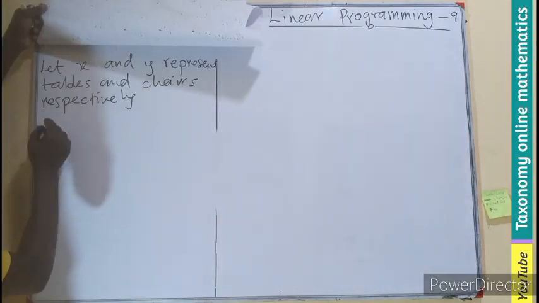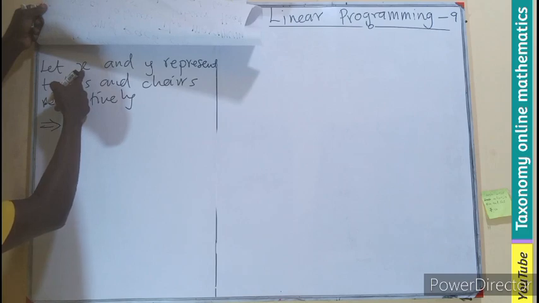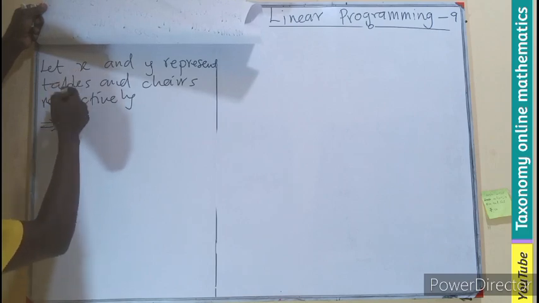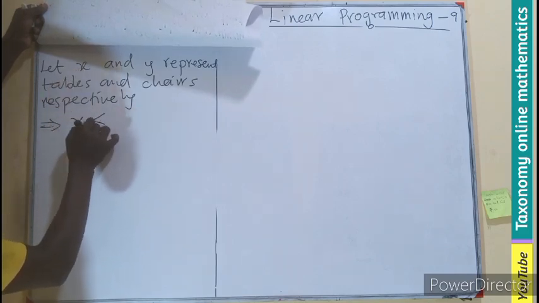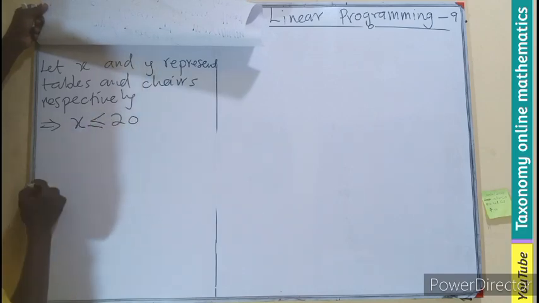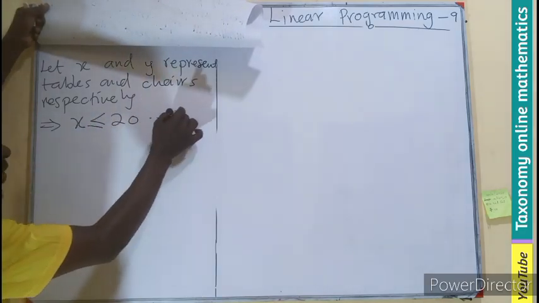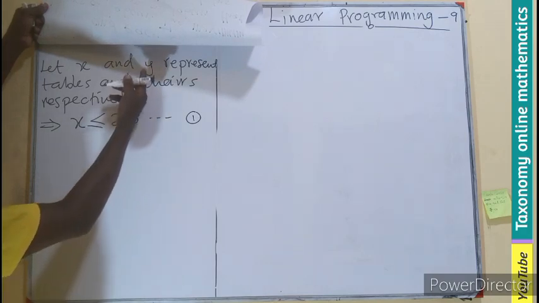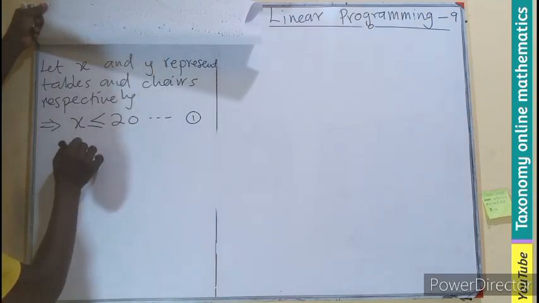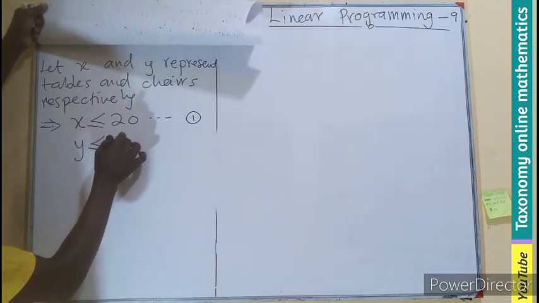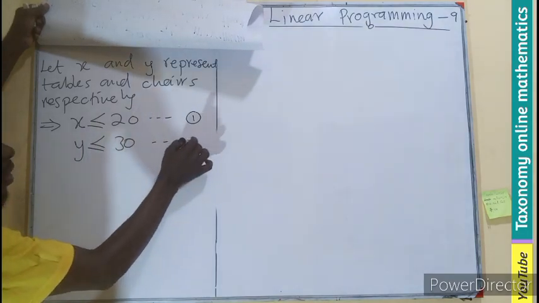We can say that if x represents tables, it means x is less than or equal to 20. That gives us the first inequality. Then that of y will also be less than or equal to 30.